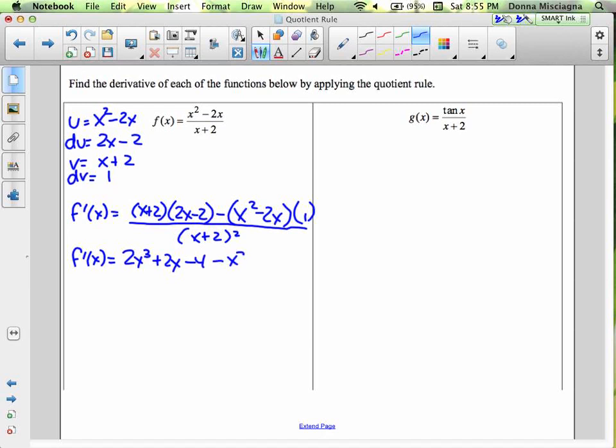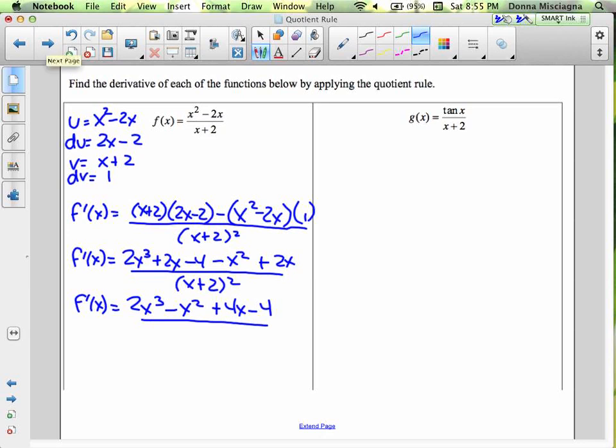Minus x squared plus 2x, all divided by x plus 2 squared. So f prime of x is equal to, combine our like terms, we'll put these in descending order, so 2x cubed minus x squared plus 4x minus 4 divided by x plus 2 squared. There we go. There's our derivative.